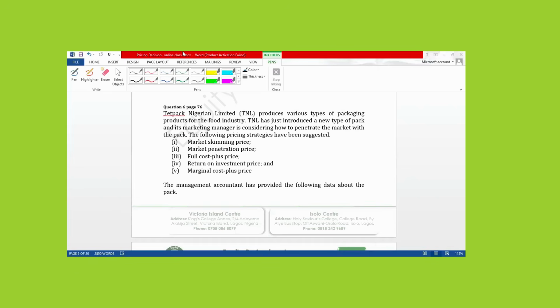In addition to the variable cost, a certain percentage markup will be added so as to arrive at the selling price. This method is used for short run decision making.